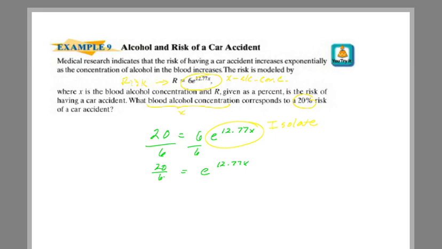Now, to undo this exponent, we're going to have to take the log of both sides, and we'll choose ln. Just works out nice because the understood base is e, and that stuff cancels. ln of 20 divided by 6 is going to be equal to 12.77x. One last operation. Let's divide by 12.77.